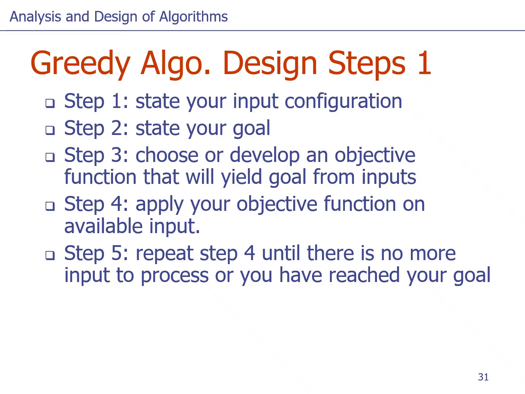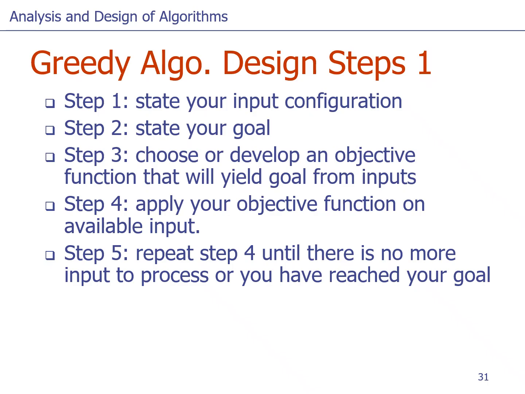What are you trying to achieve? Okay, based on your goal, you will develop an objective function. Okay, and then step number 4 and 5 are trivial. You apply your objective function on the available input configuration, and step number 5, you keep doing step number 4 until you're done.